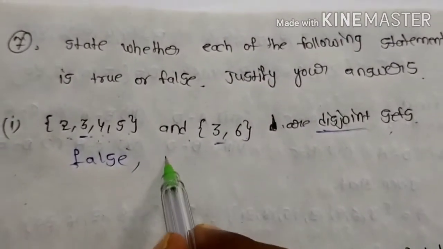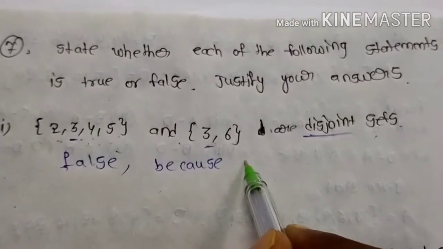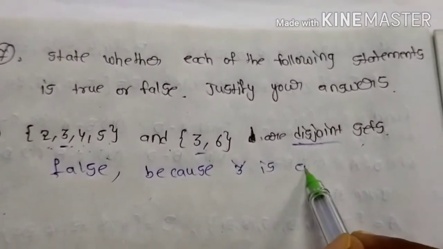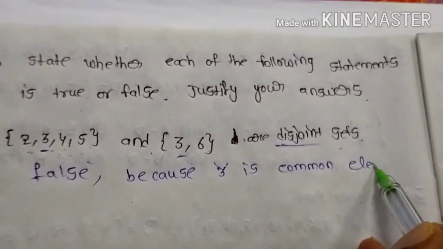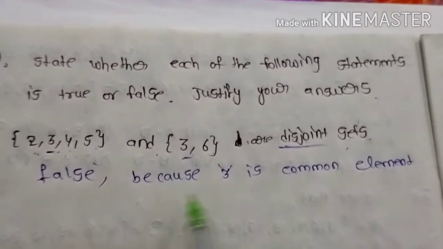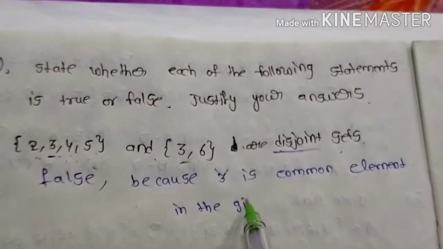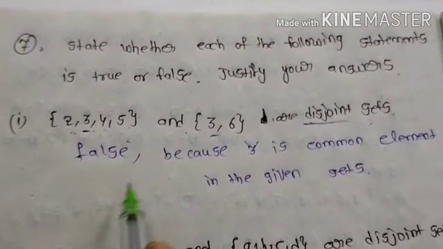Why? Because 3 is the common element in the given sets. Yes or no?